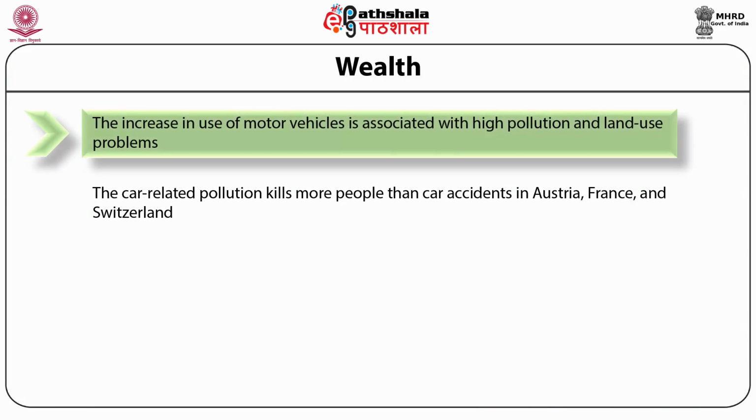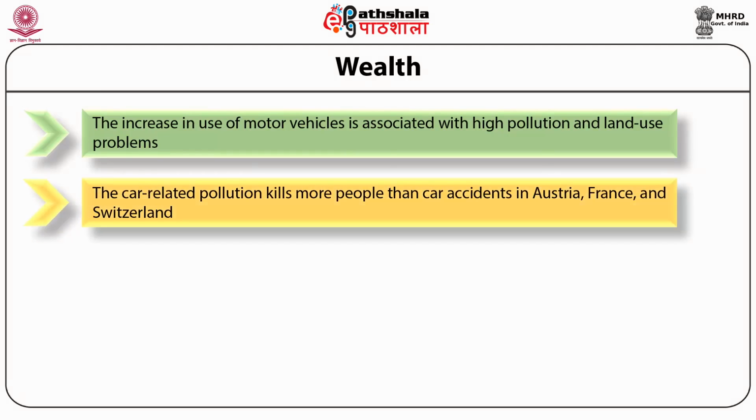The increase in use of motor vehicles is associated with high pollution and land use problems. For example, car-related pollution kills more people than car accidents in Austria, France, and Switzerland. There has been a rapid increase in 2- and 3-wheeled motor vehicles in the less developed world.